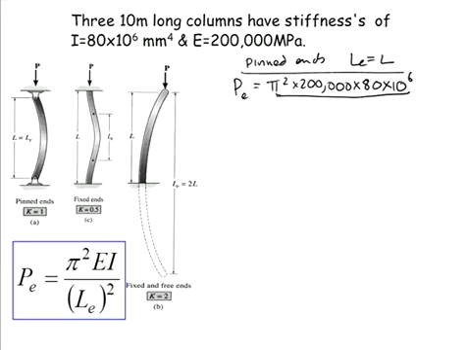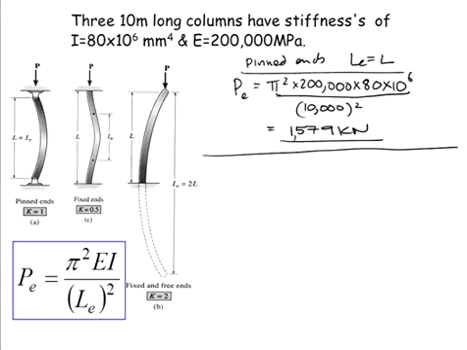And in here now, working in millimetres, I'll stick my 10,000 in, and I get a buckle capacity of 1,579 kilonewton. Now, I'm not doing the yield check as part of this. I'm just comparing my buckle capacity.